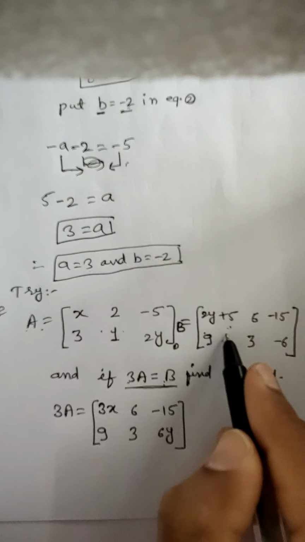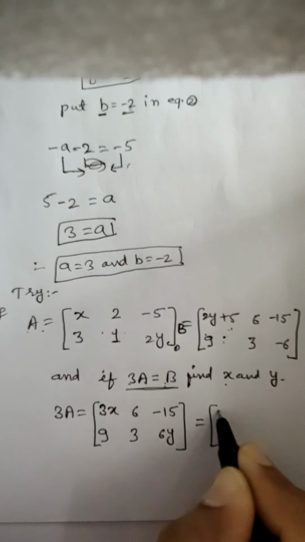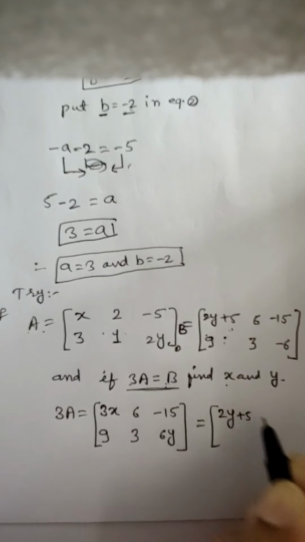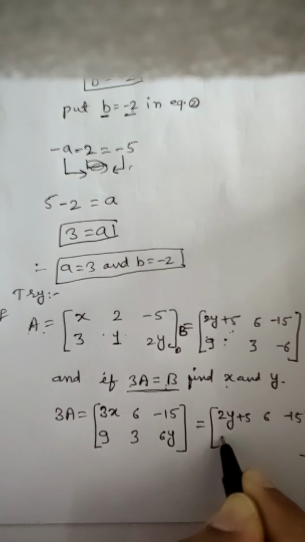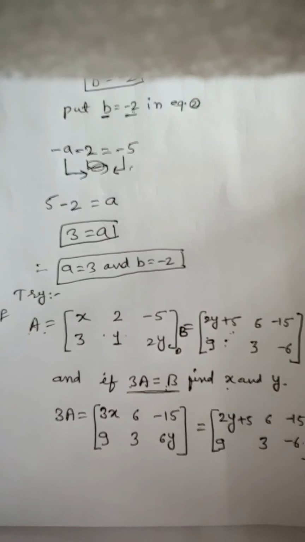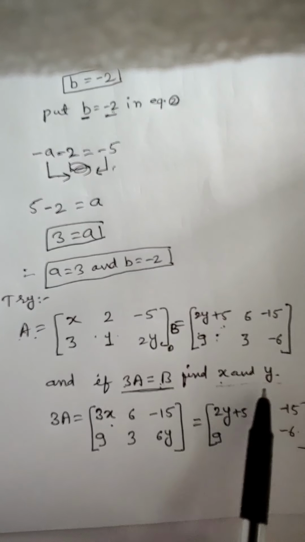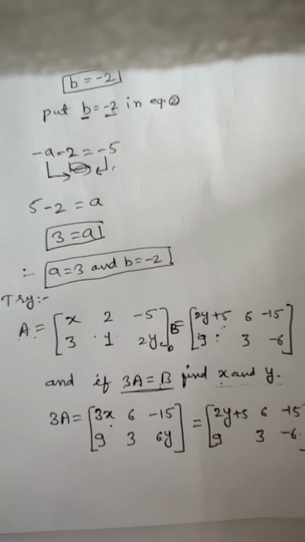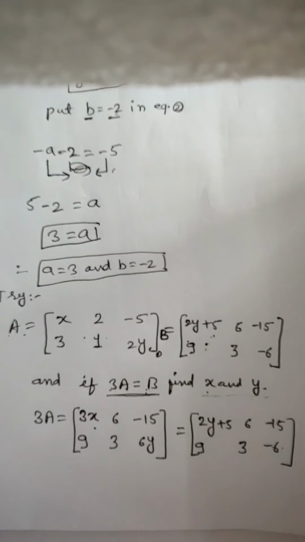So this matrix is given equal to the B matrix, which is nothing but 2y plus 5, 6, minus 15, 9, 3, minus 6. Now just equate the corresponding elements and you will get x and y. So I hope you understand how you are going to solve the example, and how we add, multiply and do scalar multiplication of the matrices.